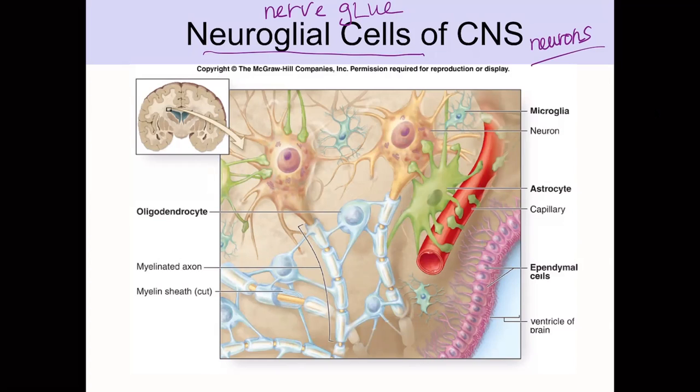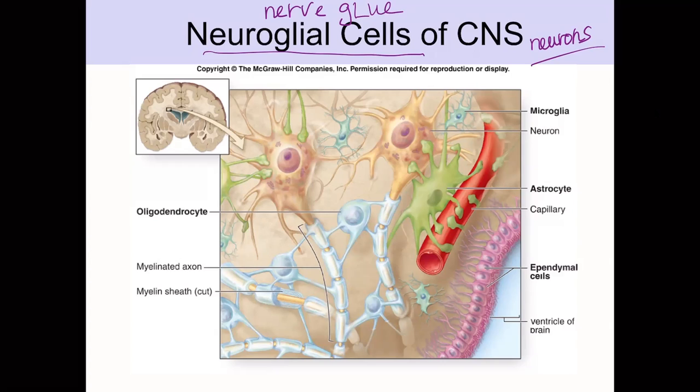There are only so many neurons and they don't go through mitosis, so they can't regenerate. So they need support, they need help. They're kind of like the divas, so they're going to need support from the other cells in the nervous system.